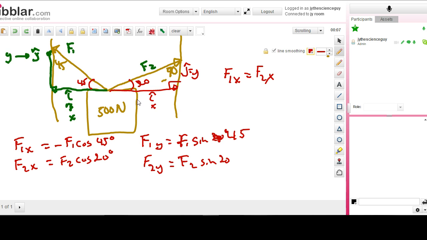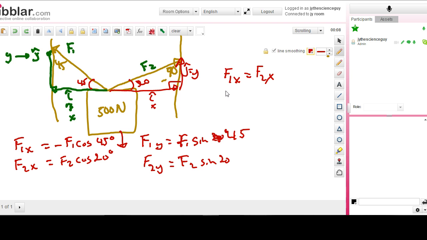And then I know that f2y and f1y both have to add up because they're both pointed up, and it has to equal this vector going down because that's how all of the weight is being supported.